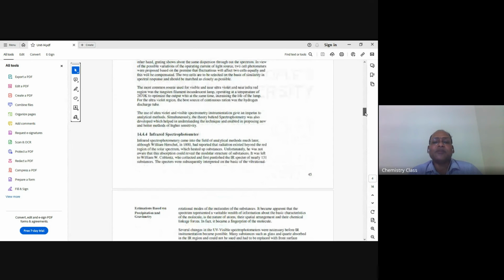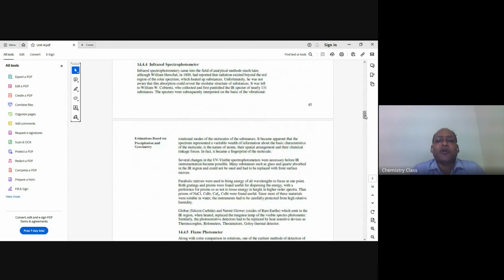So infrared spectrophotometry came into the field of analytical methods much later. Although William Herschel in 1800 had reported that radiation existed beyond the red region of the solar spectrum, which heated up substances, unfortunately he was not aware that this absorption could reveal the molecular structure of the substance.